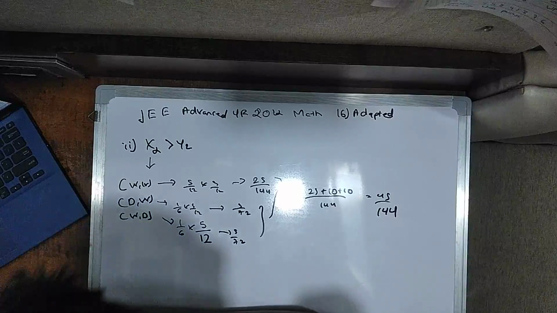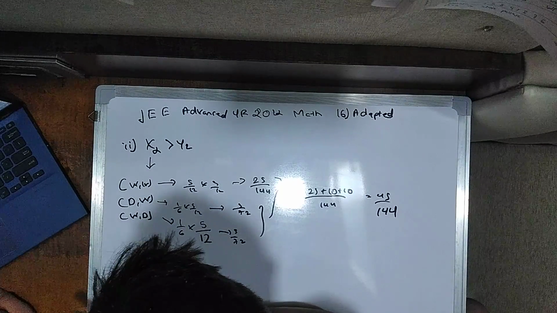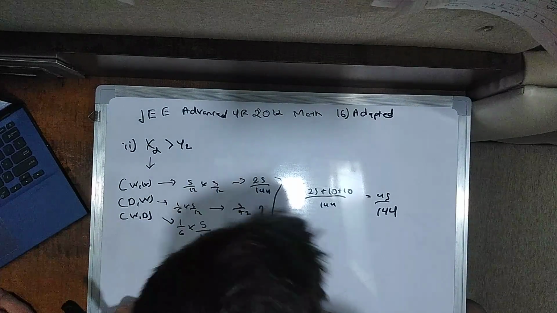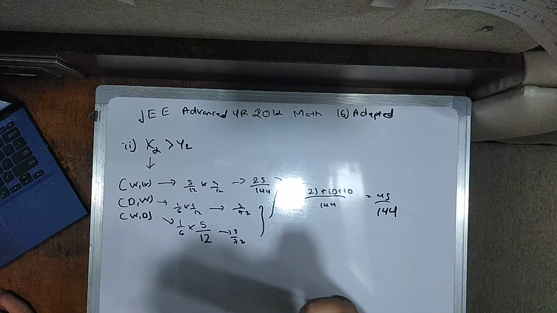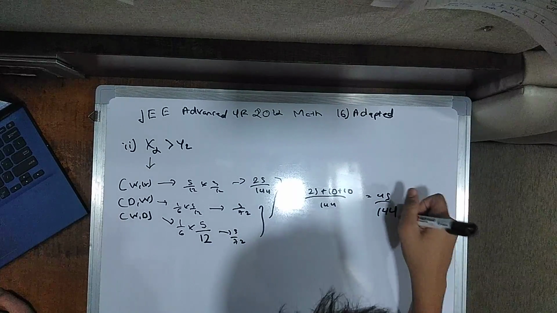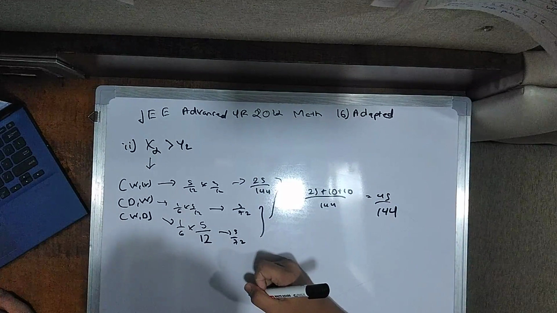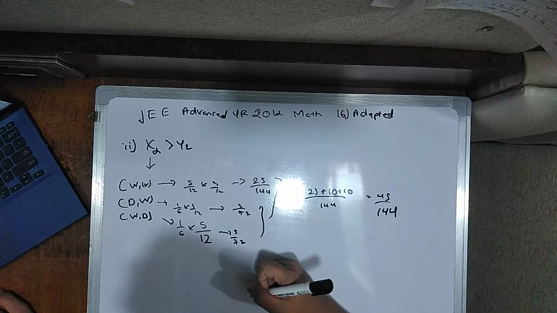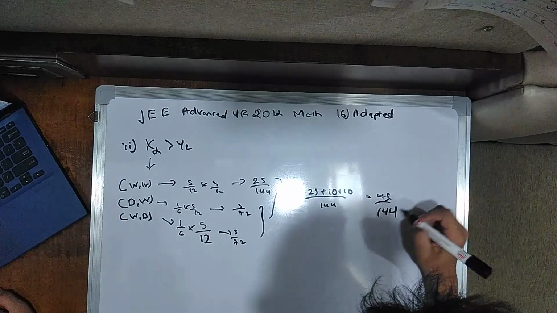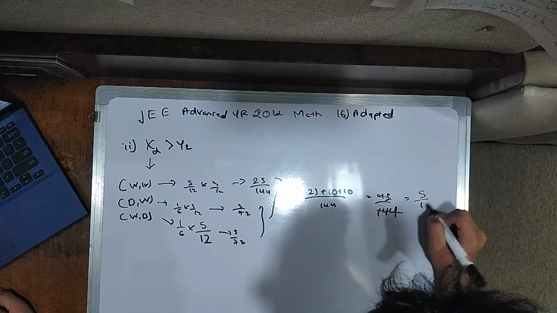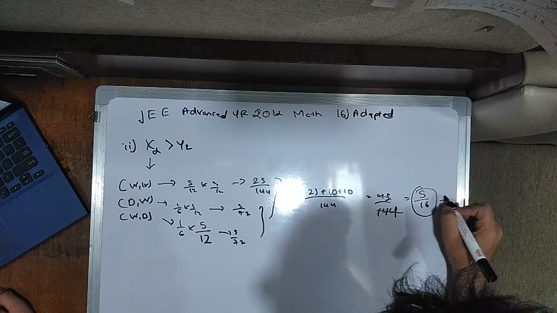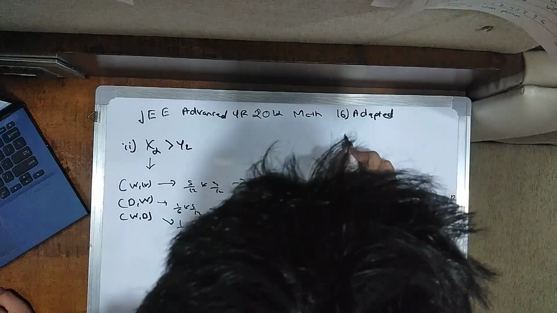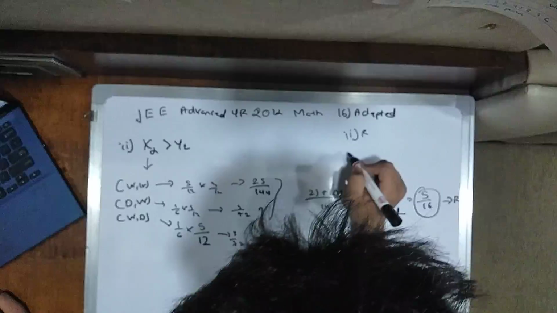Now, what do these divide by? This divides by 9, this divides by 9 equals 5 by 16. 5 by 16 is R. So just remember this. 2 is R.